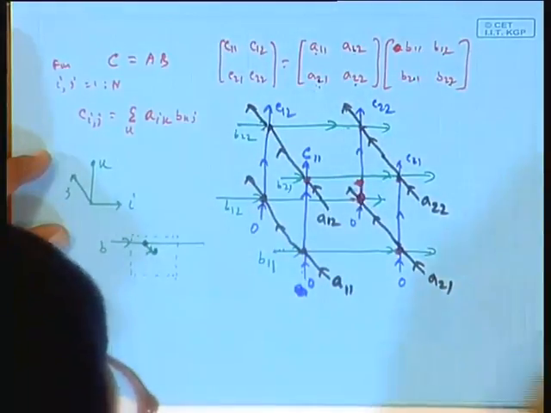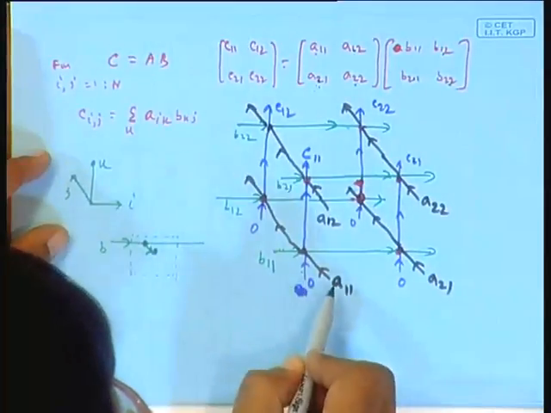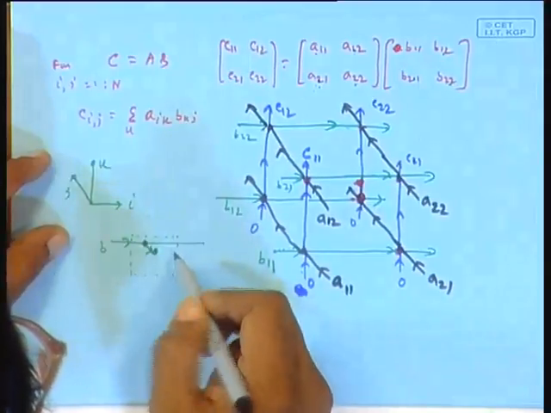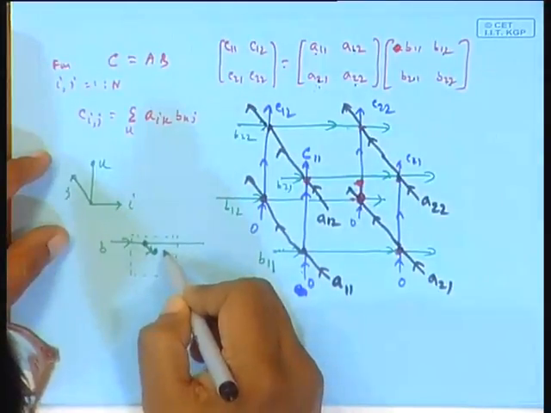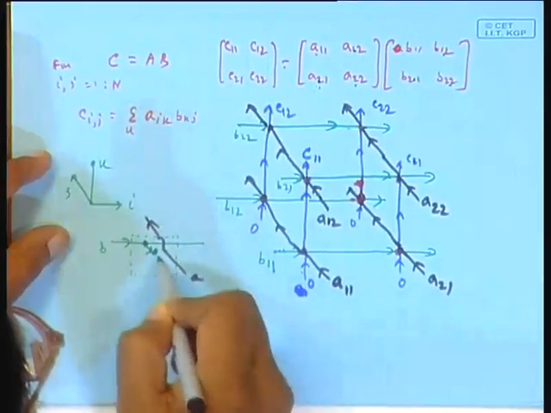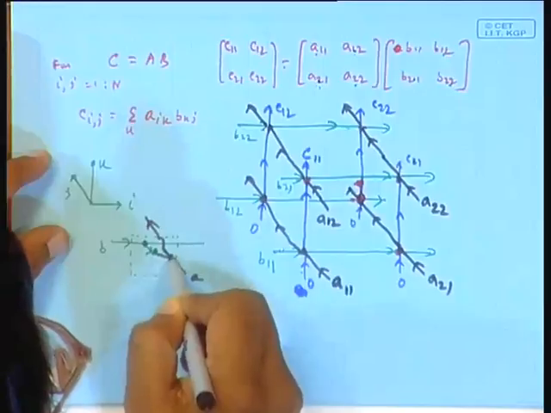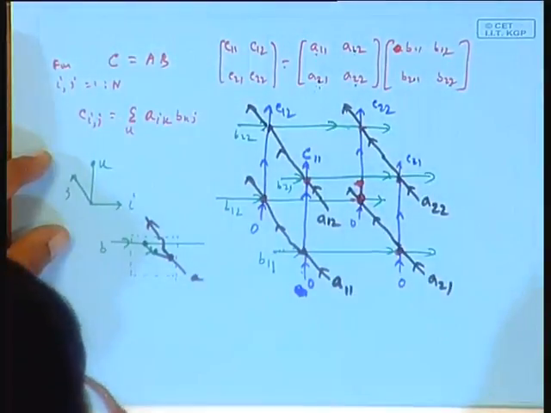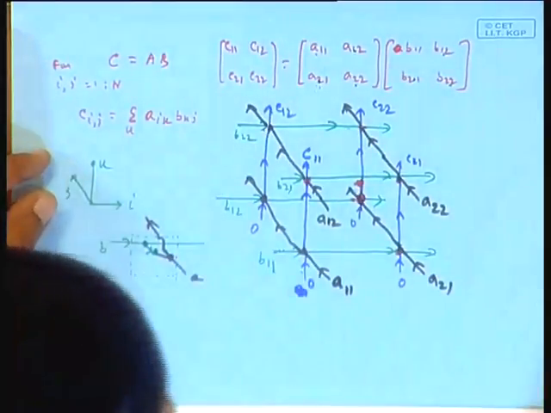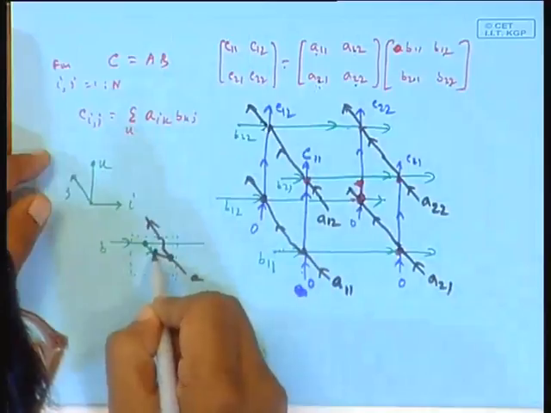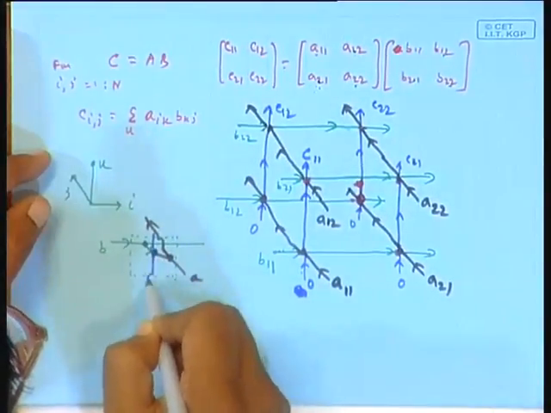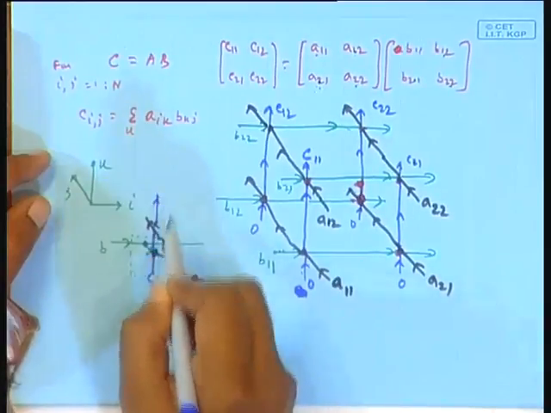Similarly, there is another line for A, this A line, and there is another line for this result C.